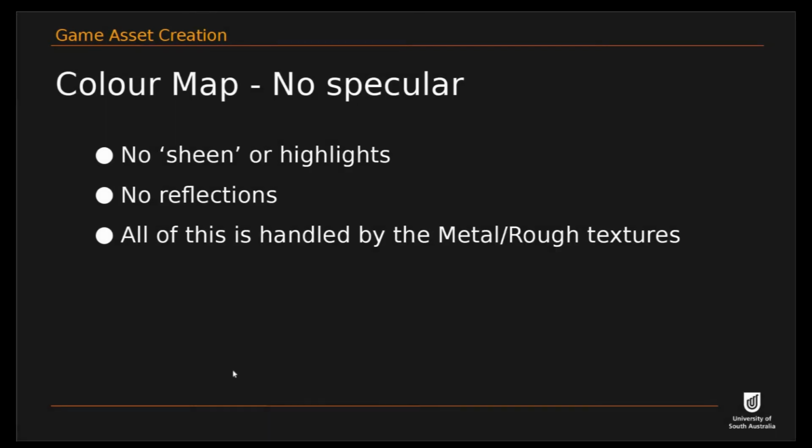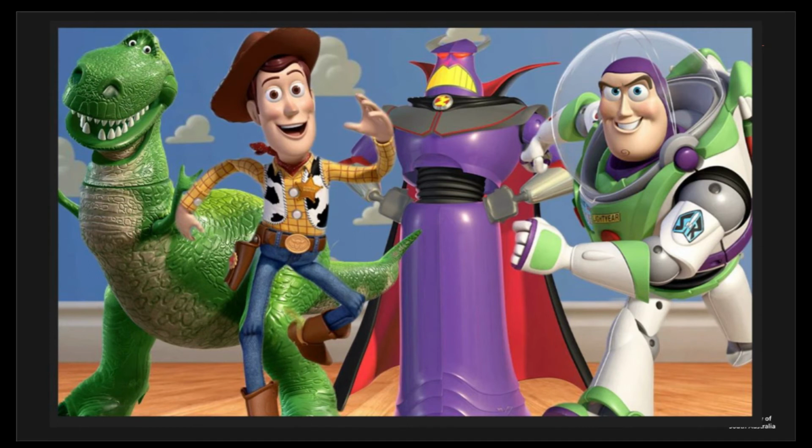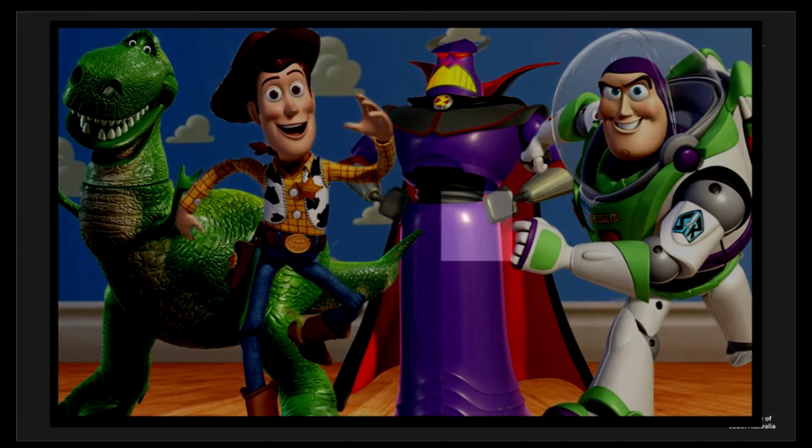So the color map having no specular. Specular is the term for what used to be, if we go back to the Toy Story image, the little bright white highlight that indicates a reflection. It's often just the top highlight on an object.